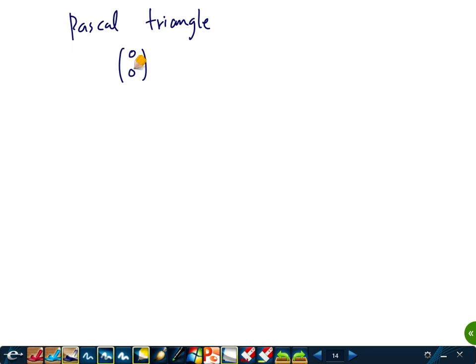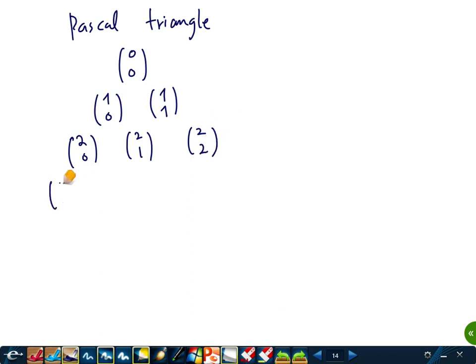Each row begins with the 0th row, and in the ith row, we will list all binomial coefficients i choose something. Okay, so like 1 choose 0, 1 choose 1 like that, and then 2 choose 0, 2 choose 1 in this way, and 3 choose 0, 3 choose 1, 3 choose 2, etc. Continue like this.